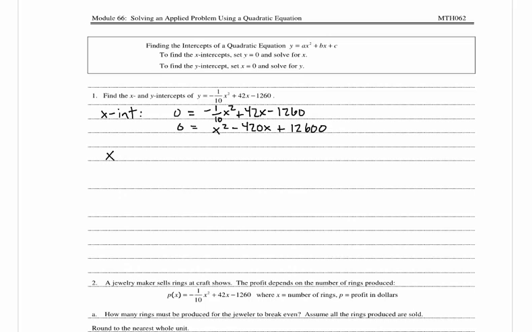So x is equal to negative b, or negative 420, plus or minus the square root of b squared, so we're going to have negative 420 squared, minus 4 times a, which is 1, times c, which is 12,600, divided by 2a, or 2 times 1.